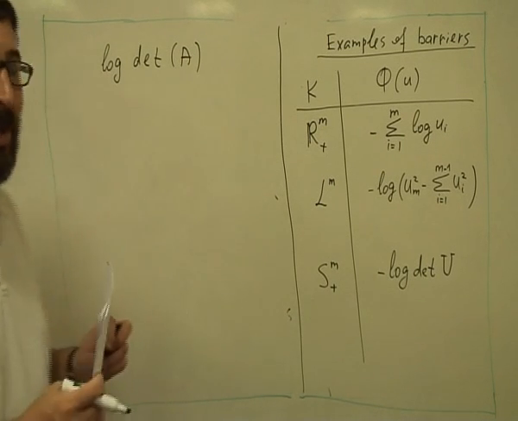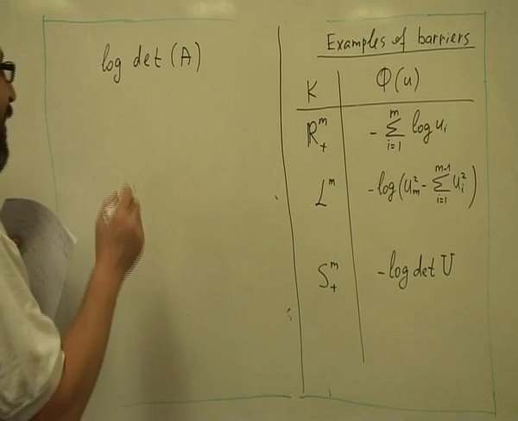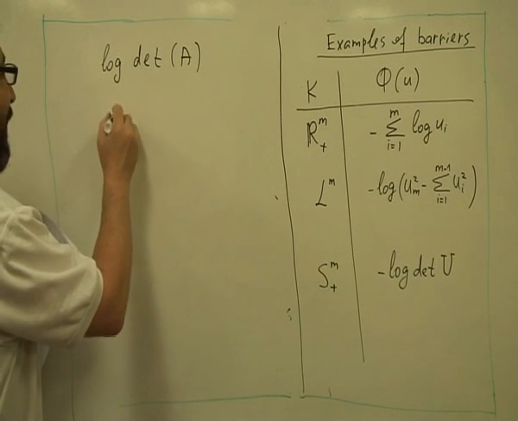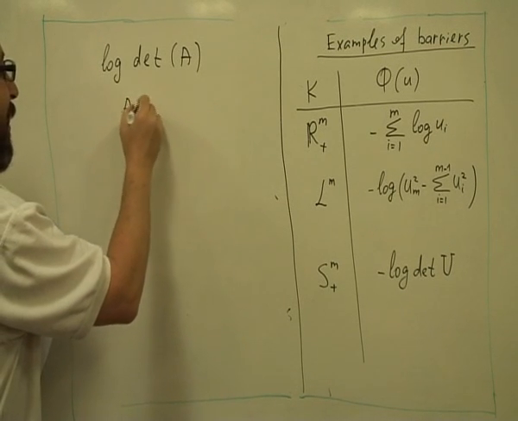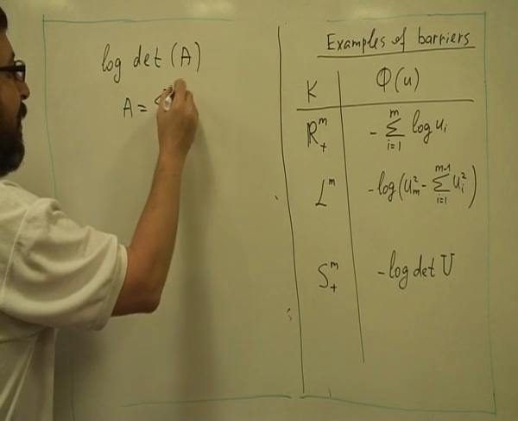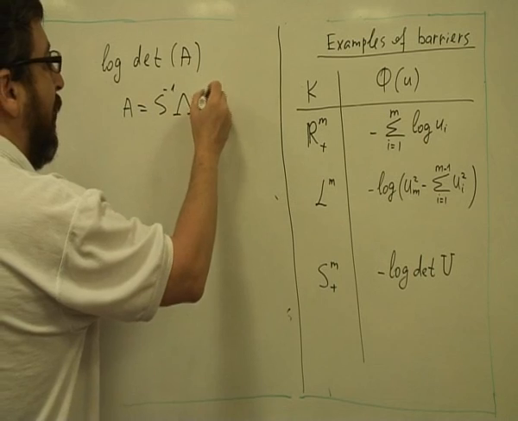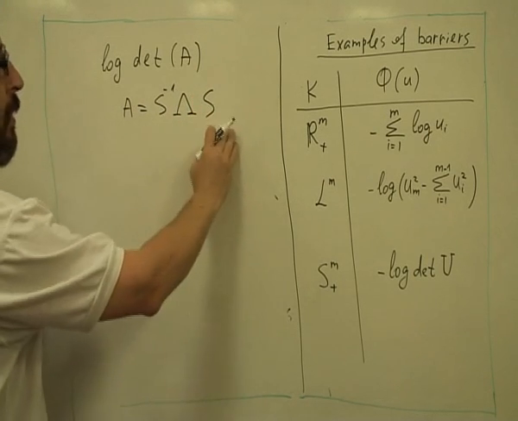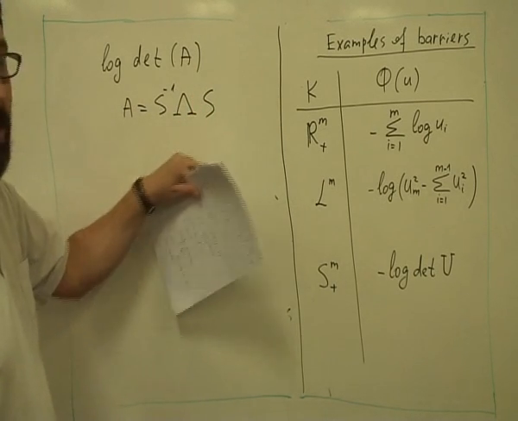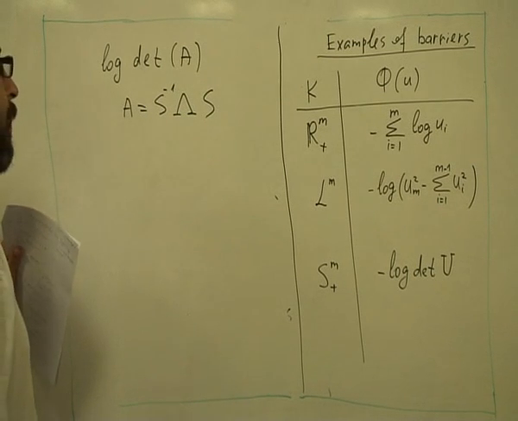Well, let me remind you a bit of linear algebra. So suppose A is S minus 1 lambda S. So we have an eigenvalue decomposition of A.